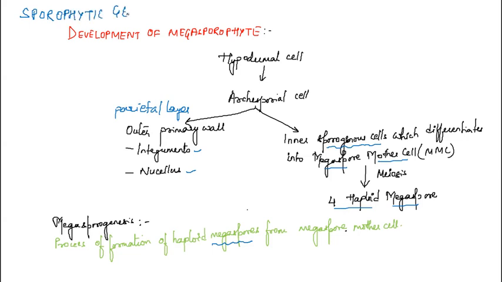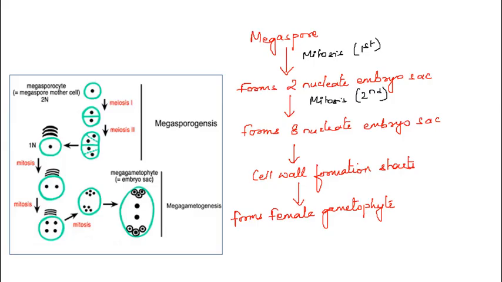This seems quite confusing, but when you watch the video by pausing and writing the notes simultaneously, then it will seem very easy. Go through it very thoroughly, then it will seem very easy. The sporophytic and gametophytic might be a little confusing, but once you focus properly and write the notes simultaneously in the copy while studying, it will be very helpful and I'm sure you will understand.